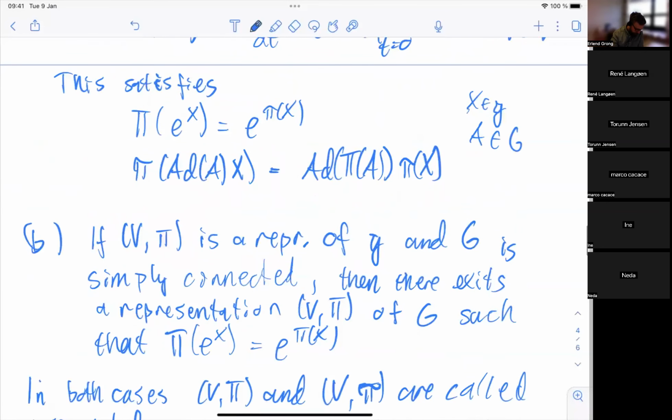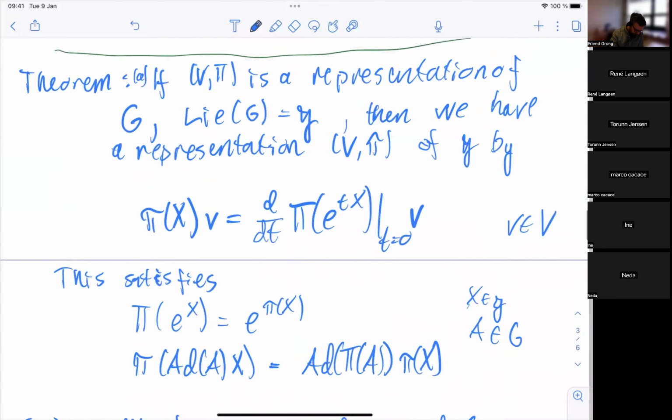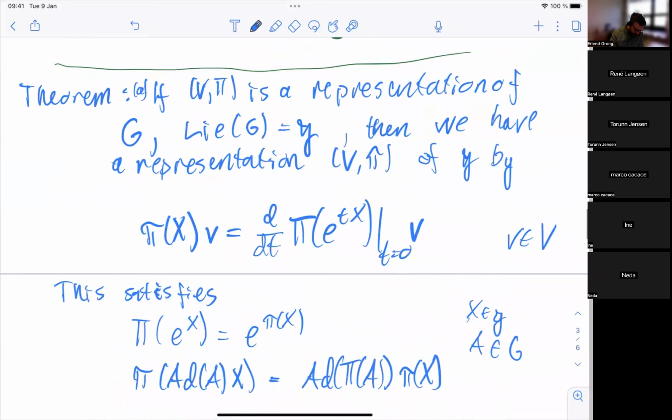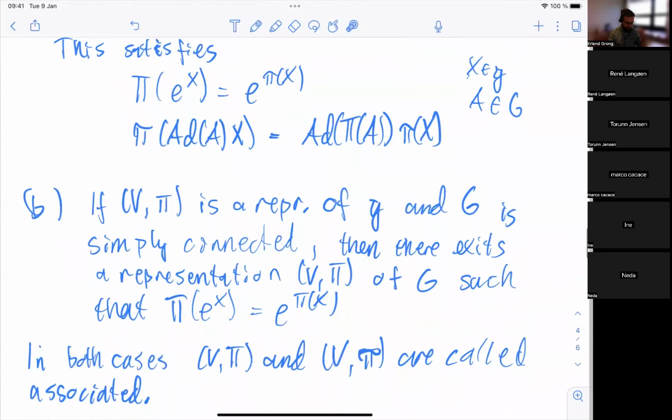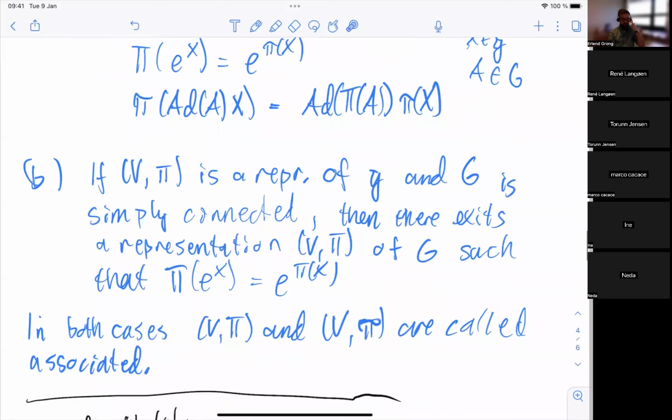I can put unique. Here it's explicitly given, right? And this is the formula you compute it with. But yes, it's always unique.